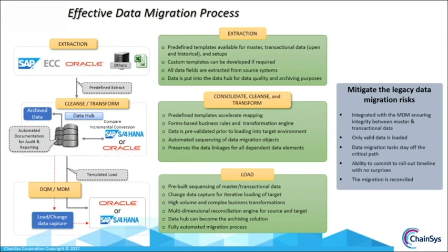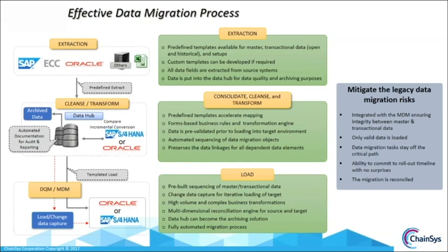The load will handle a very high volume load and very complex business transformations. We have reconciliation both from the source to the hub and the hub to the target. And the data hub itself can become the archiving solution. And this is a fully automated migration process. Now, our entire migration process is integrated with master data management, and that ensures integrity between the master and transaction data.